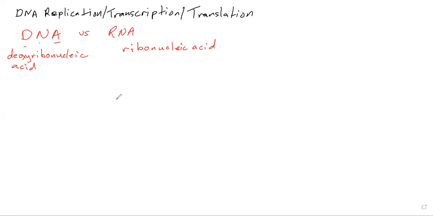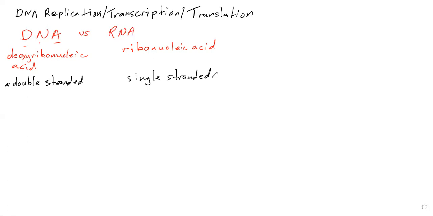What are some differences that you know between DNA and RNA? RNA is single-stranded and DNA is double-stranded. So this is double-stranded, and this is single-stranded. Anything else you remember?